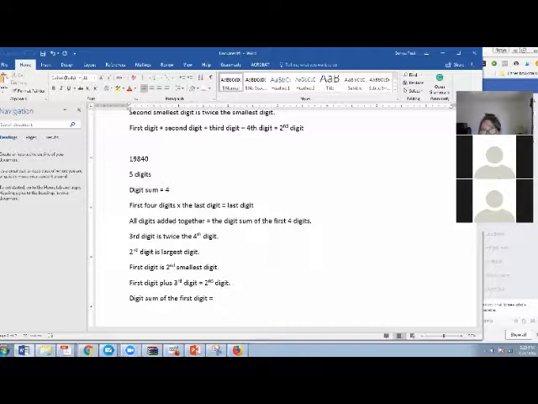Let me finish mine. The digit sum of the second and fourth is the fourth number. Fourth digit.